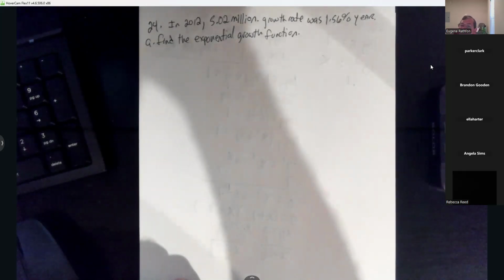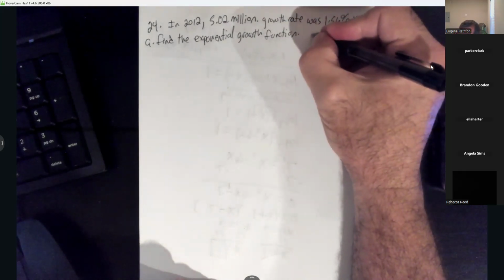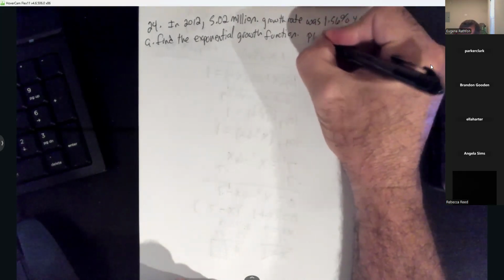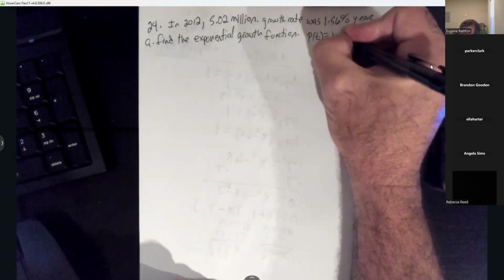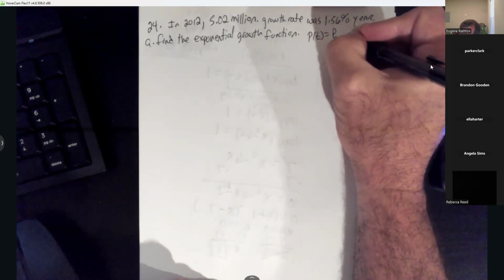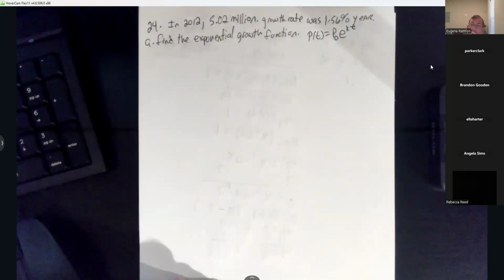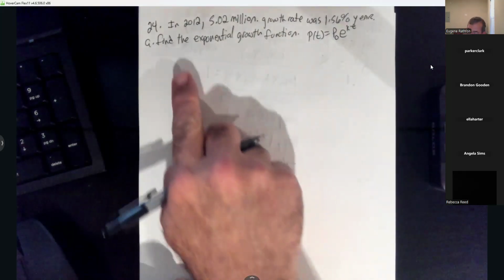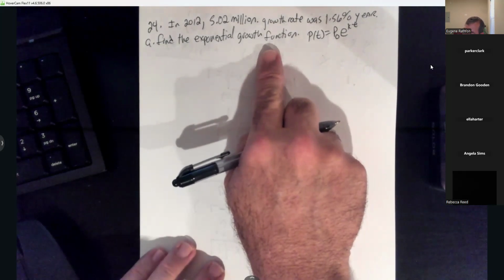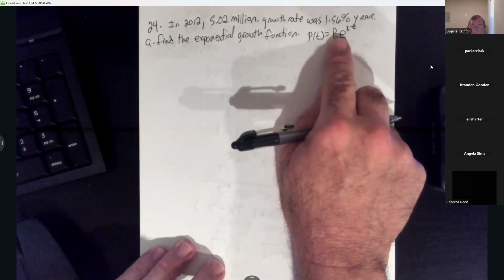Now remember, since we're dealing with exponential growth, these were continuous compounding. So for those, I used a different formula: P of T equals my P initial times e to the kt. So when they want you to find the exponential growth function, you're basically filling in your formula.